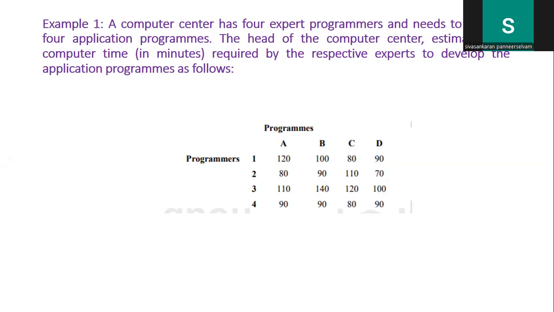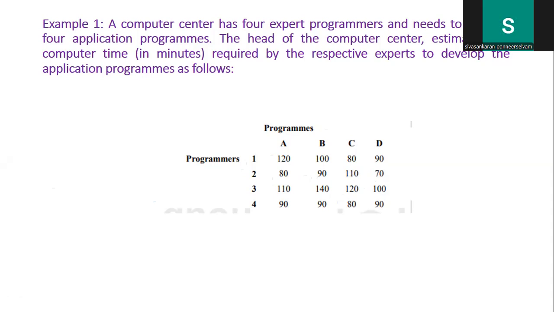So the following table is given here for your reference. It is a 4x4 matrix. The row represents the program experts. The column represents the application program or software. So each programmer has to develop 4 software applications for the company.